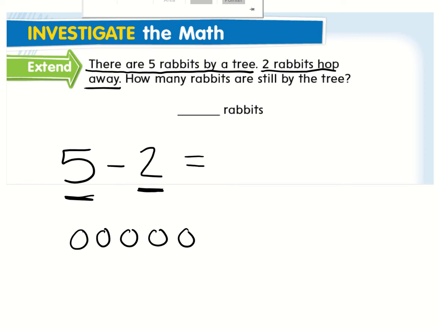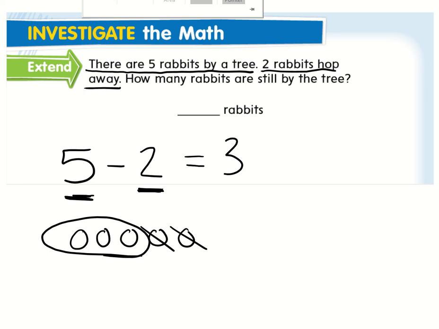So what we're doing is we have the 5 and we're taking away 2. On the bottom here for my circles, I've got my 5 and I'm taking 2 away. What I have left is going to be my answer. So we know that 5 minus 2 is going to equal 3.